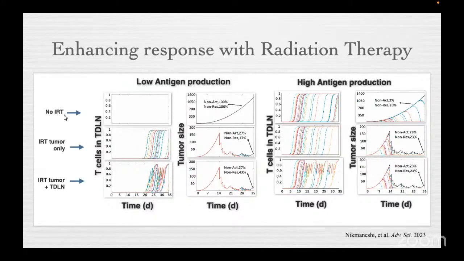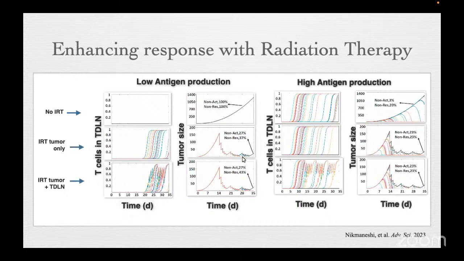With no radiation, we don't see any activation in these tumors. If we irradiate the tumor, now we're releasing more antigen from the tumor, and we start to see activation of these naive T cells.